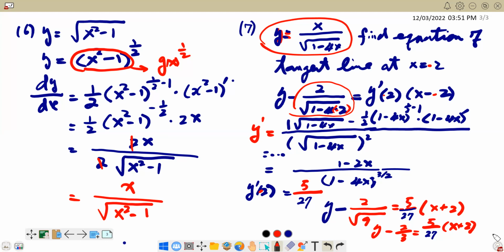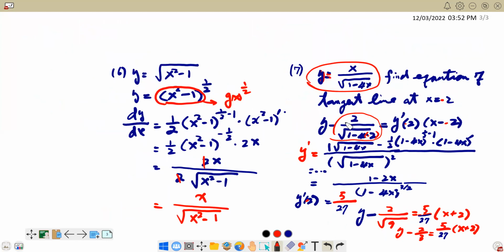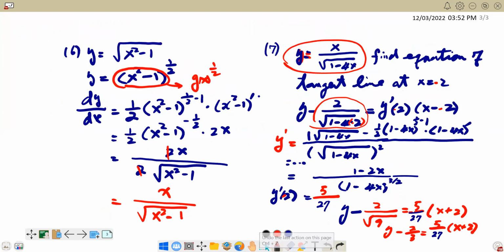I should get the numerator, this is negative 2, this is negative 2, this is negative 2. So this will be negative 2, so this becomes plus. So the final answer is y plus 3 over 2 equals 5 over 27 times x plus 2.